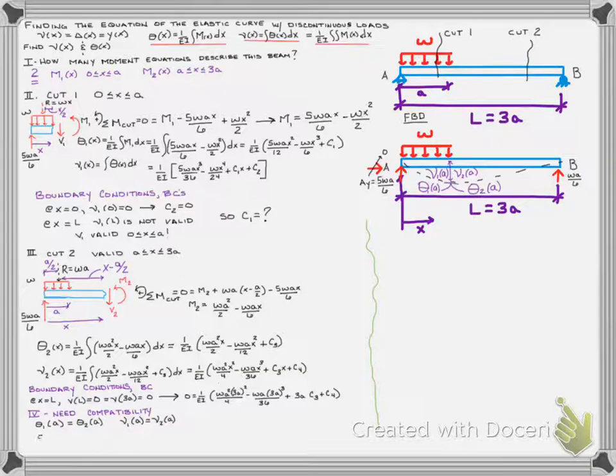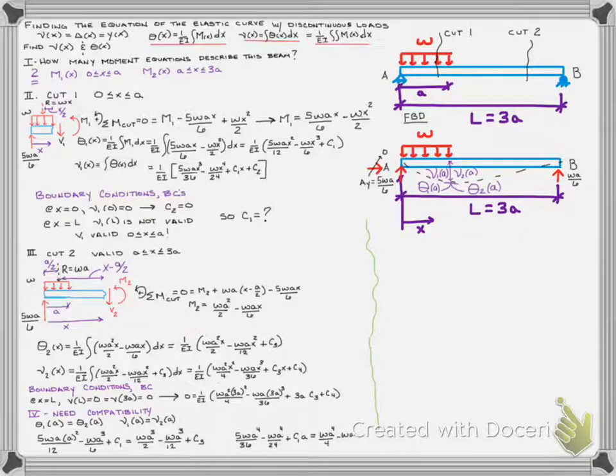So that's really helpful because now we can plug in the numbers into our two equations for slope and set them equal to each other. Just plug in A, and we can plug in A to our two displacement equations and set those equal to each other. And when we've done that, we have a couple kind of ugly looking formulas, but we can reduce these some because each have some constants in it.